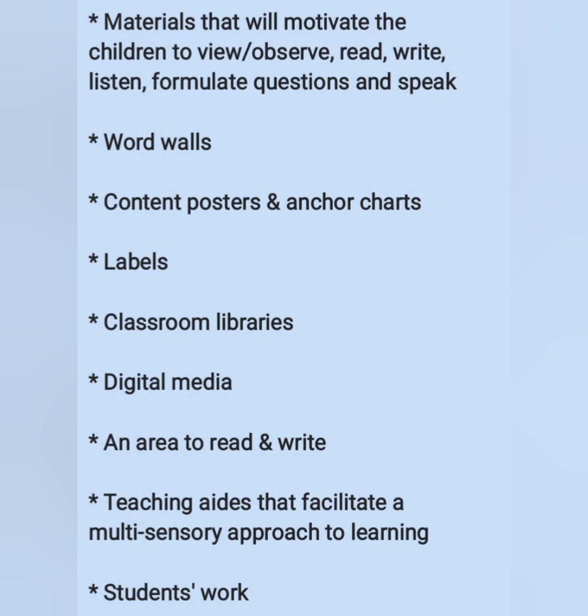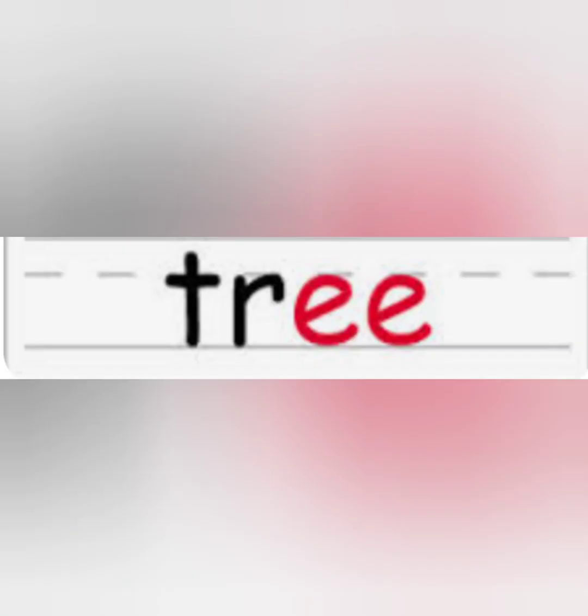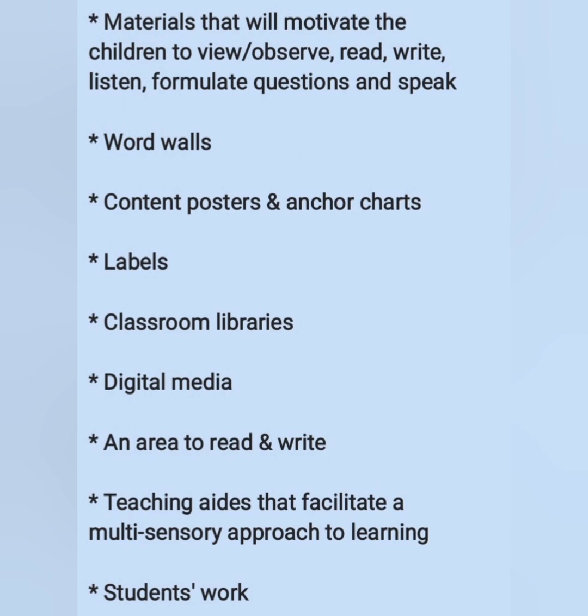We could see a label on a tree outside. It could say tree. We could see a label on a bench. And I'm deliberately choosing these words because these use up the phonic elements that we are going to want them to actually look at. The ch in bench for the CH, the ee in tree for that digraph ee. And we label all these things right around the school campus.